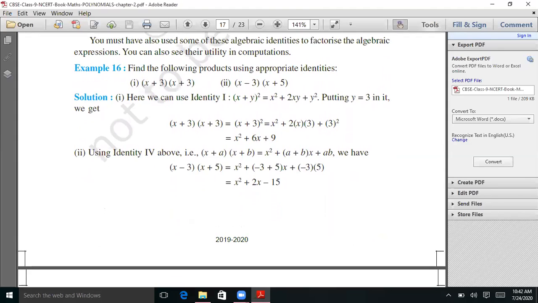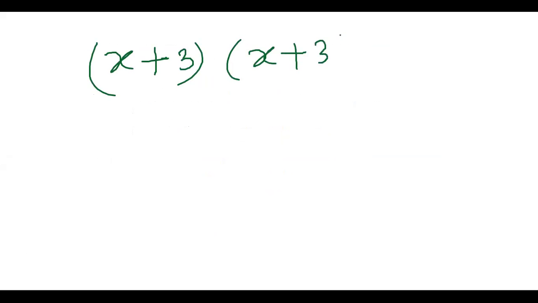आपको identities को use करके product find out करना है. See what is given here, (x plus 3) into (x plus 3). So what can we do here? If you remember, then tell me which identity we'll use here, (x plus 3) into (x plus 3). We can write it as (x plus 3) whole square.